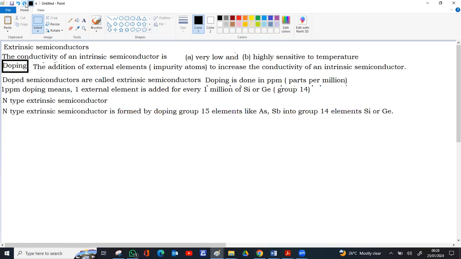So group 14 silicon germanium crystal structure demands 4 bond formations with the neighboring 4 silicon or germanium atoms. When the group 15 atom comes replacing one silicon atom, the structure still demands 4 bond formations, but the group 15 atom, the antimony or arsenic, has 5 valence electrons.